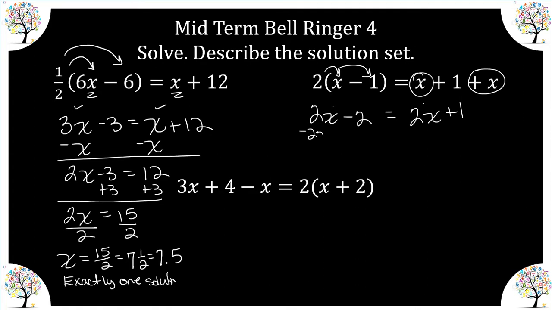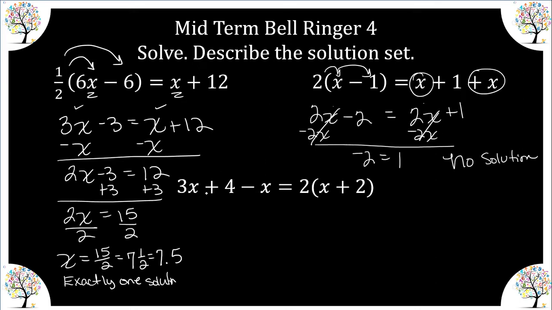These variables are the same, so they are going to be eliminated, and we end up with -2 equals +1. So when you have no variable and a false statement, this means there is no solution to this equation. There's no value that will ever make the left side equal the right side.